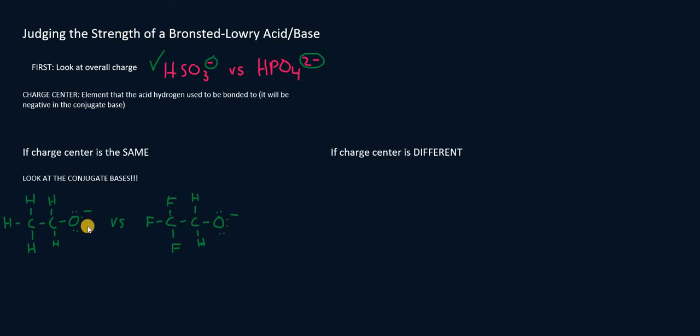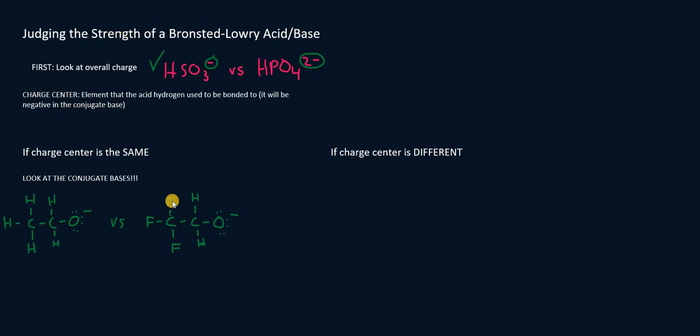Now, originally they would have had a hydrogen coming off of this oxygen on both of them, but I went ahead and simplified things and drew the conjugate bases. So they're nearly identical. The only real difference is the fact that this conjugate base has 3 hydrogens on this first carbon, whereas this guy over here has 3 fluorines on that first carbon.